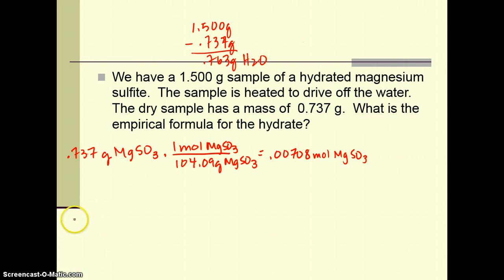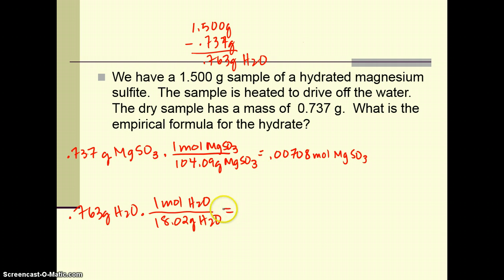Now I'm good to use that down here. 0.763 grams of H2O times 1 mole of H2O over 18.02 grams of H2O.